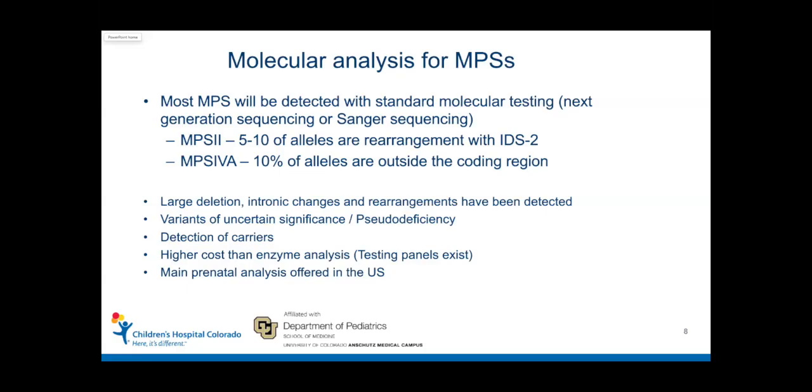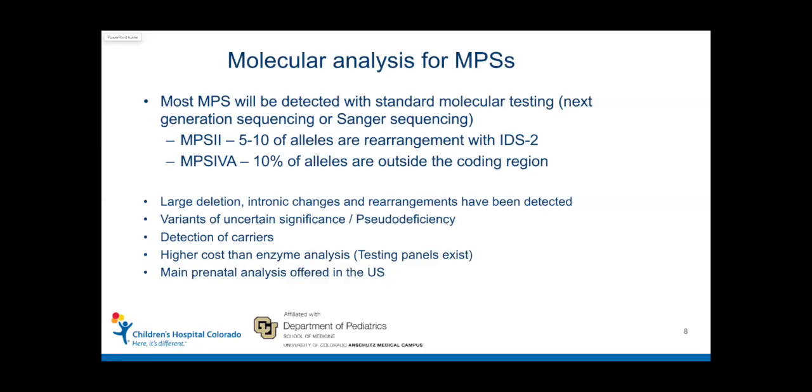There's a specific rearrangement PCR that you can do, and there's a new paper out that talks a little bit about that. So if you are working on MPS 2 and your molecular analysis is normal, this may be something that you want to look at. The advances of long read sequencing for next generation sequencing will probably detect this, I believe.